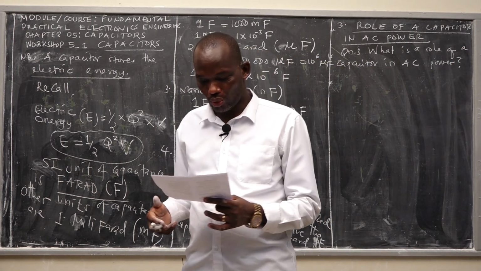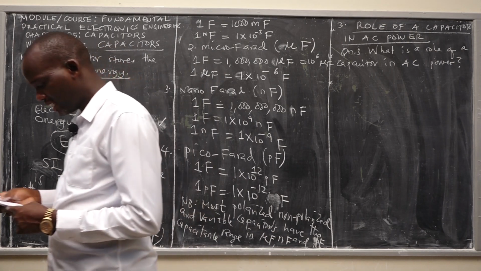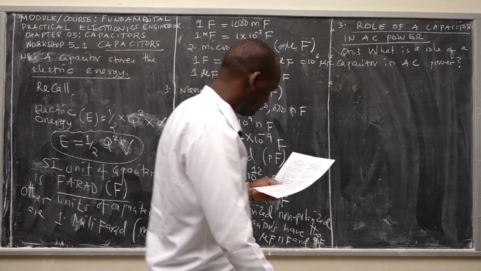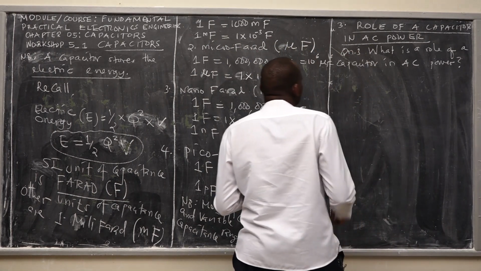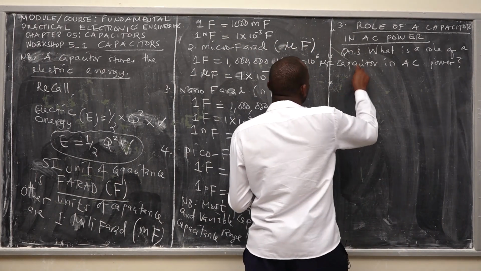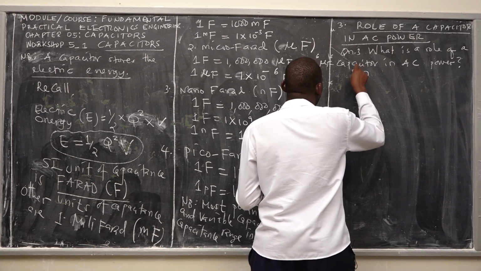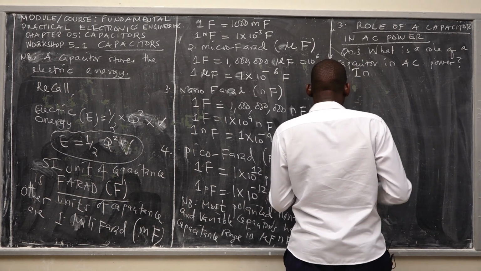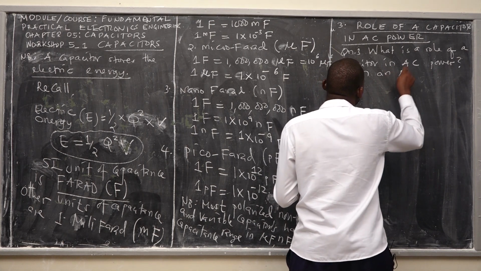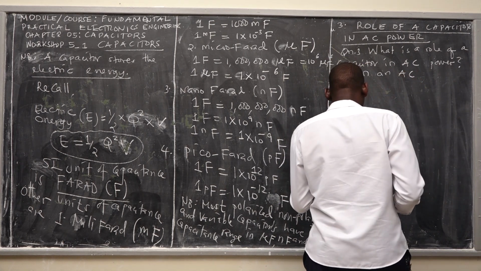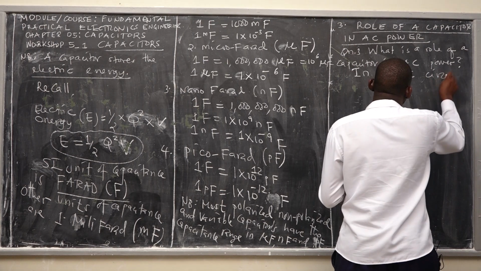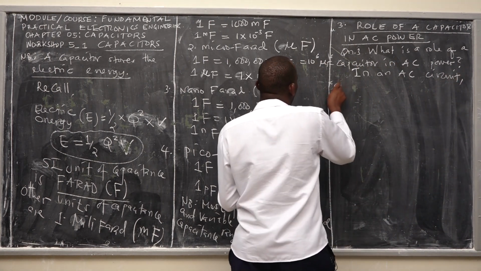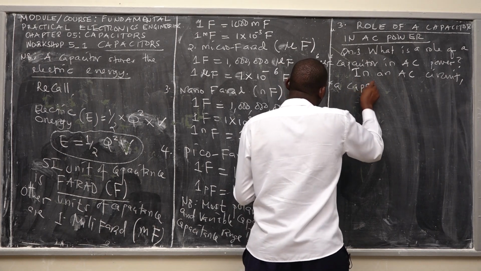Role means what the function of the capacitor is when it has been used in AC power. And they do also practical. How does a capacitor behave in AC? In an AC circuit, a capacitor, so this is the role.